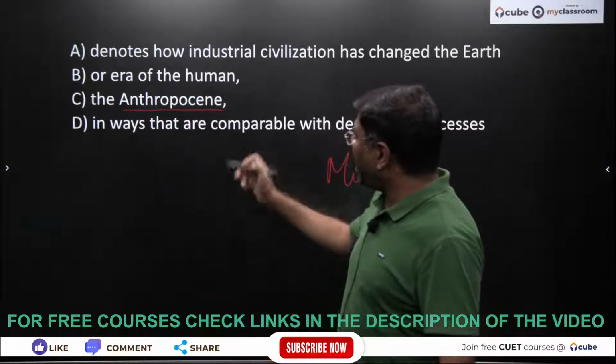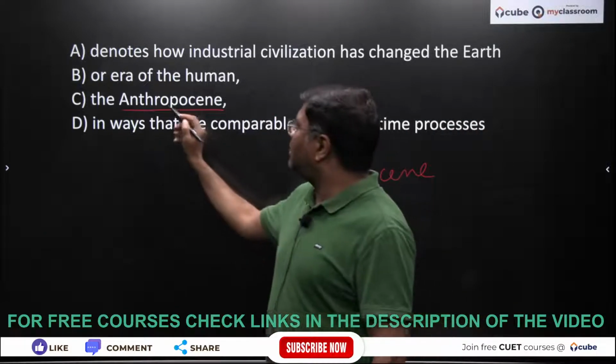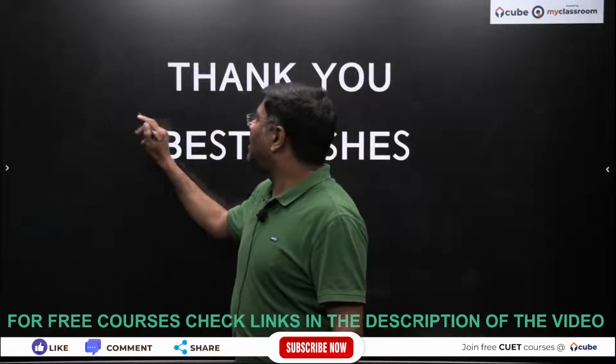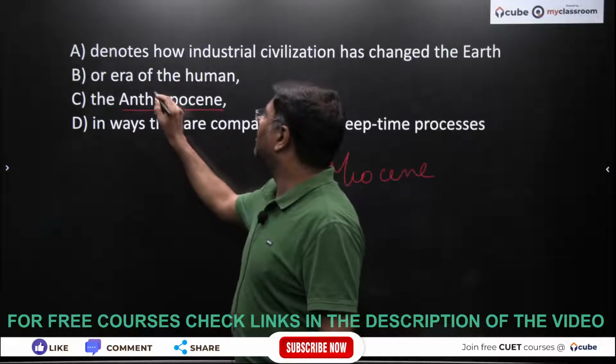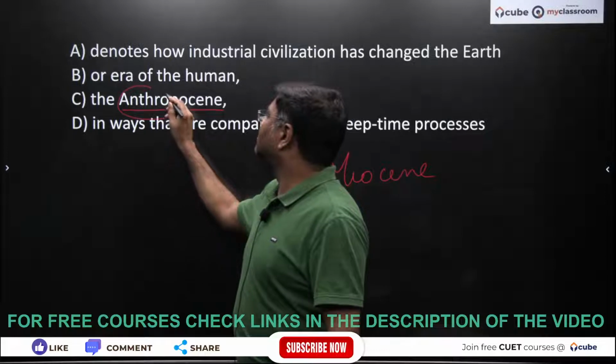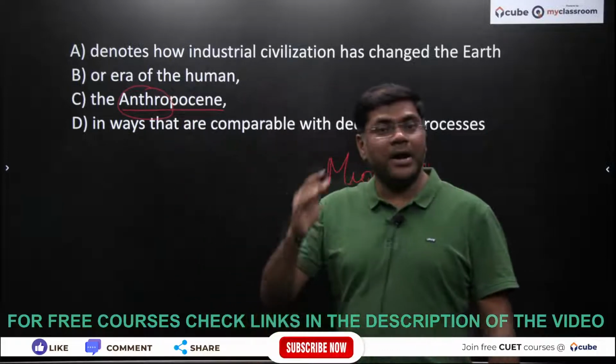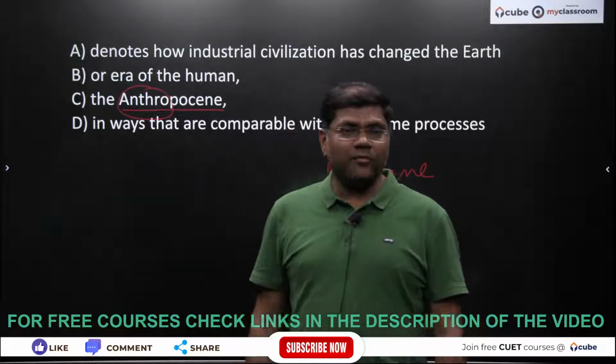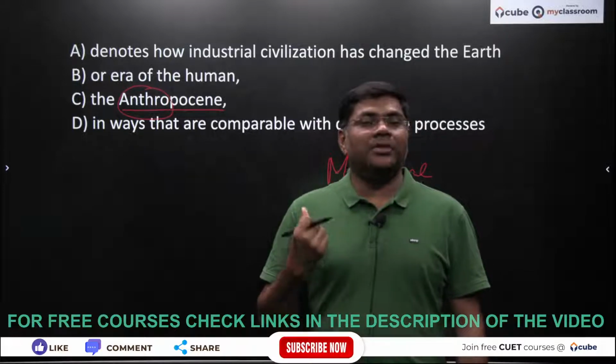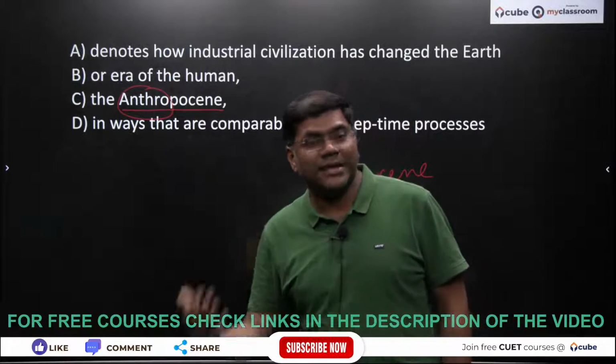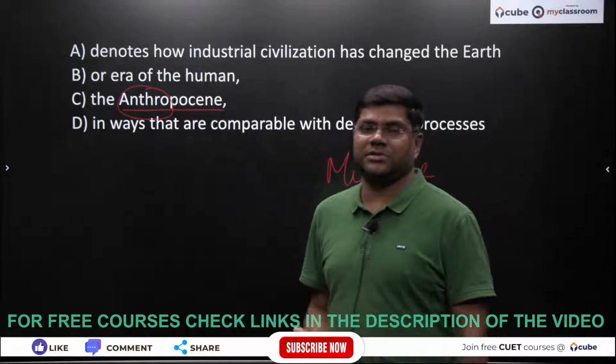So when you say the Anthropocene, the word means human being. This is the word anthro. So the word anthro means pertaining to humans. That's why when you look at the word anthropology, anthropologists study human civilization or the beginning of human civilization.